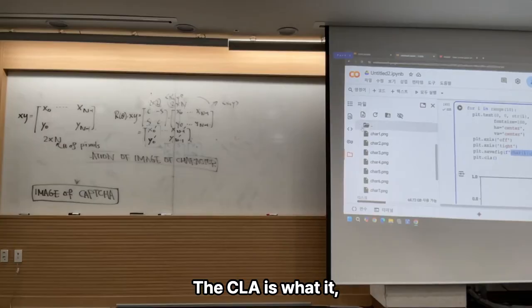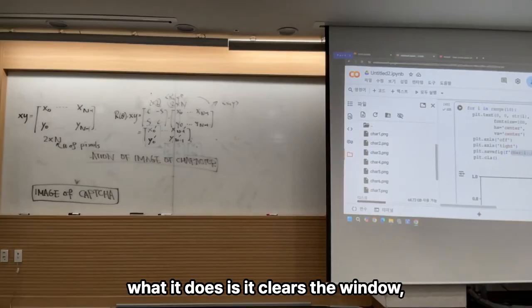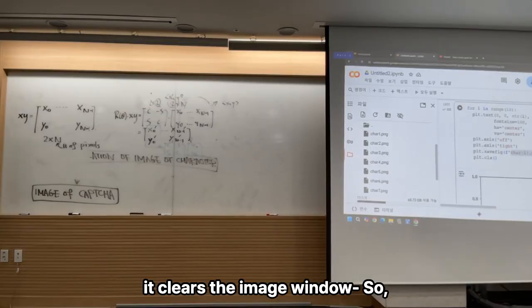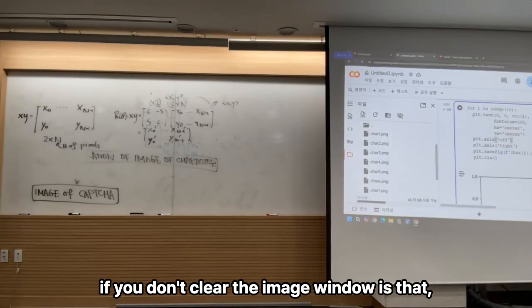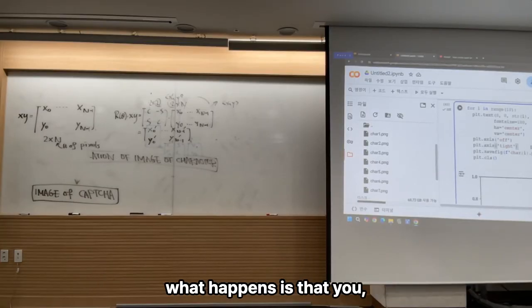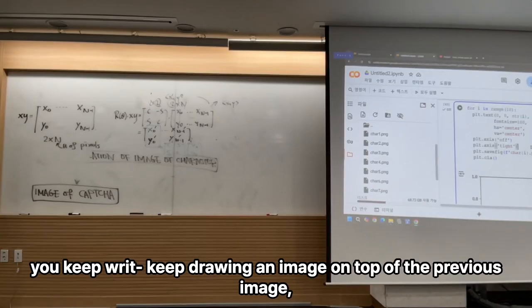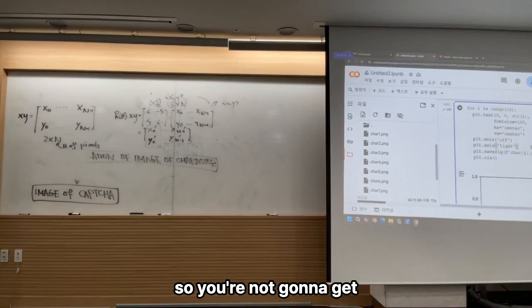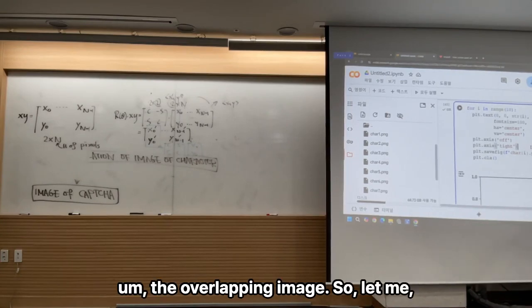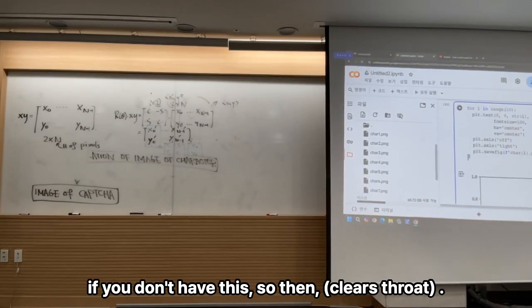What CLA does is it clears the image window. If you don't clear the image window, you keep drawing an image on top of the previous image. So you're not going to get a single character, but an overlapping image. Let me show you what happens if you don't have this.